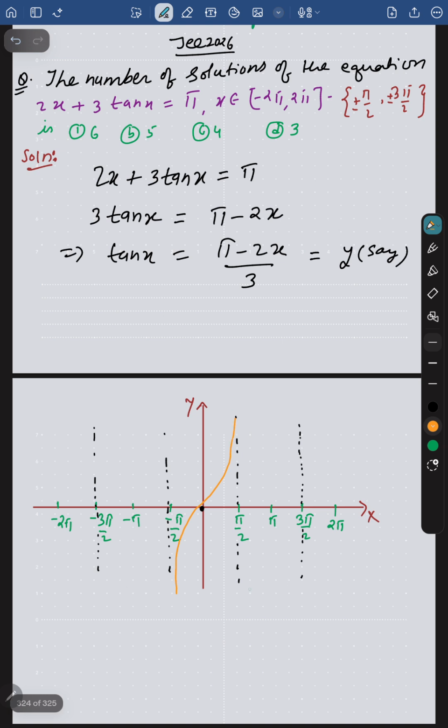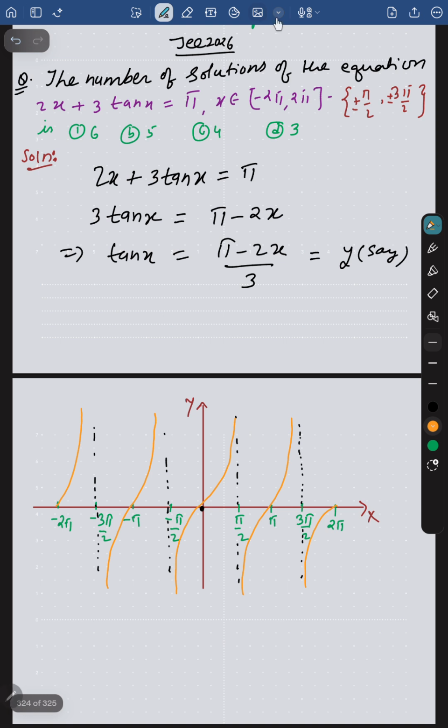Your graph will be like this, here also your graph will be like this, and from this point up to this will be like this, here also your graph for tan x will be like this, and here your graph will be like this. Okay, this is for tan x within the range minus 2 pi to plus 2 pi.